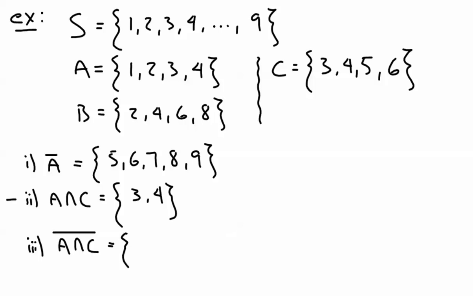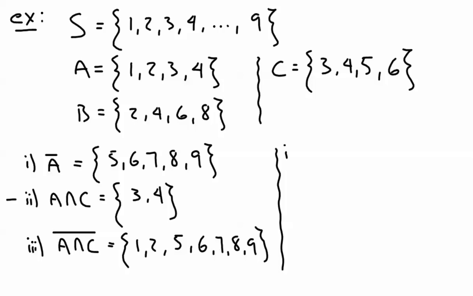And that's very simply elements 1, 2, 5, 6, 7, 8, 9. And we could also examine the union, A union B, and that's just elements 1, 2, 3, 4, 6, and 8. Pretty straightforward.